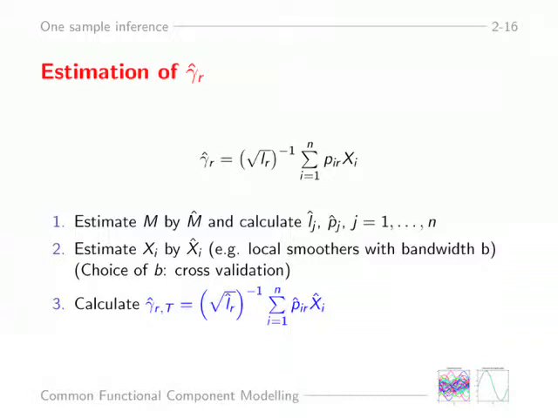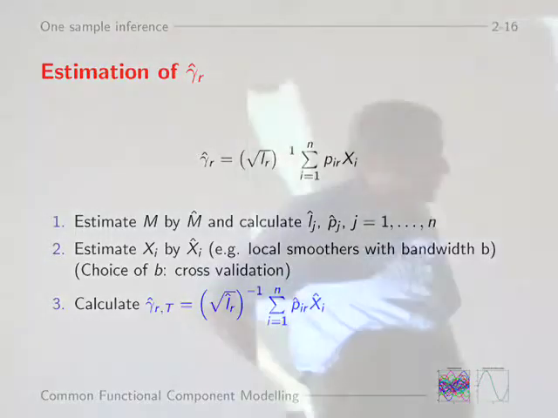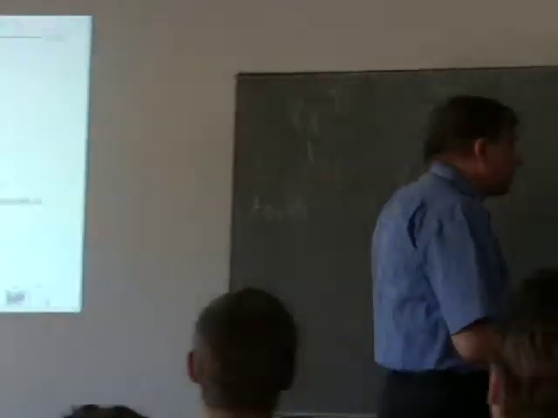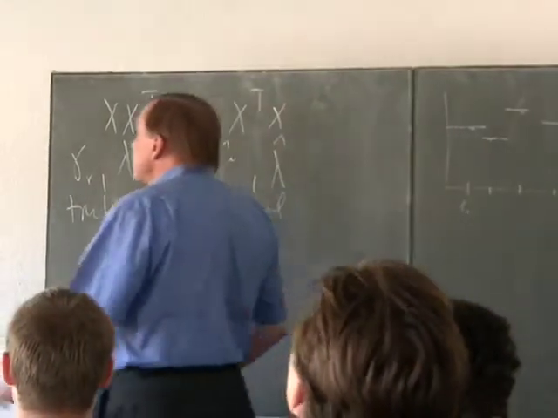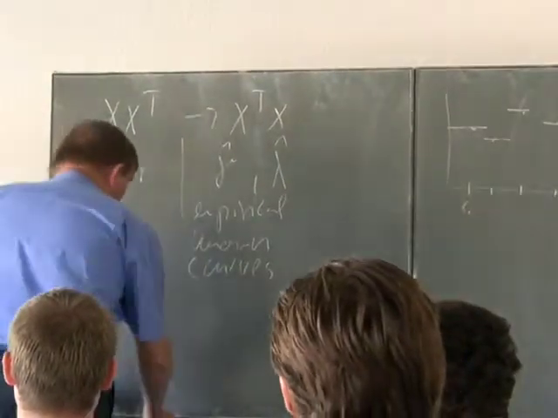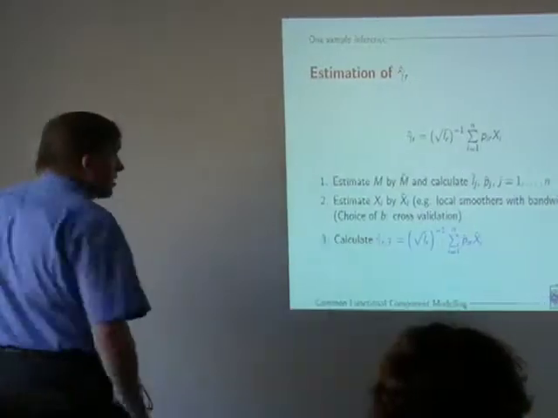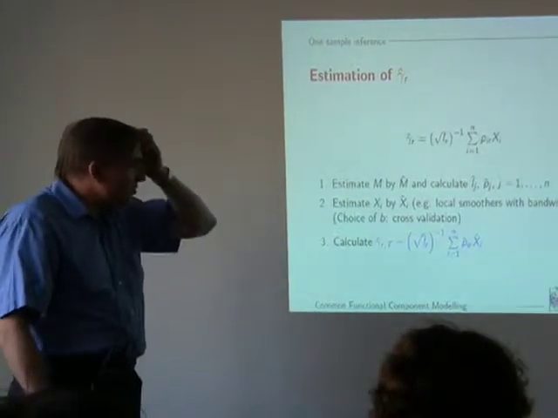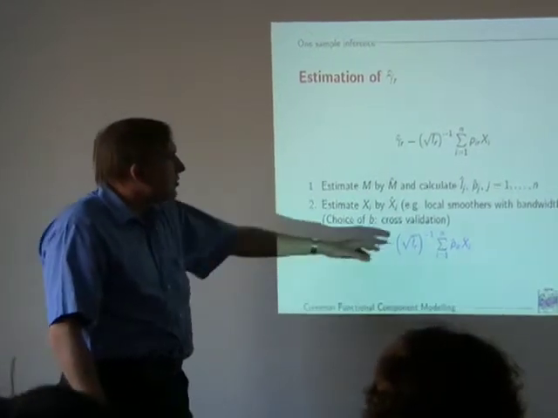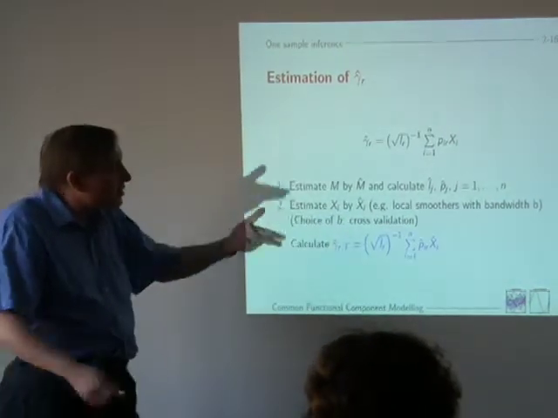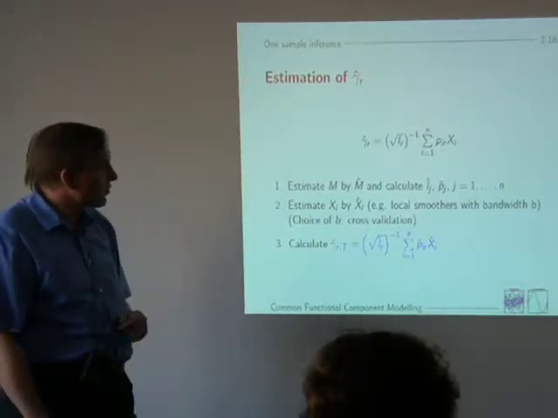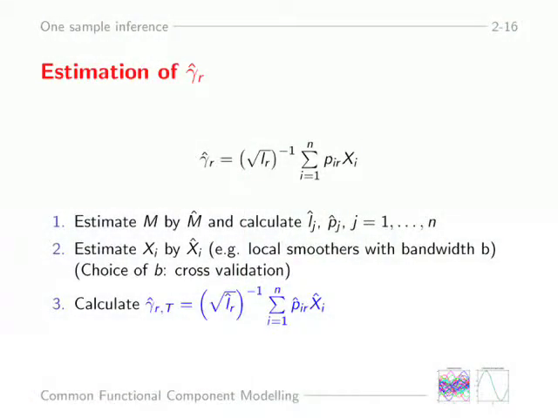This is the gamma hat, the empirical covariance operator if you knew the true curves, which is the weighted average of your x functions using the p's. But this would be the true M, and the problem is we don't know the true M, we estimate it. So we use the estimated M hat, which we constructed using these rules, and with the estimated p's and estimated lambdas we get a gamma hat_RT.